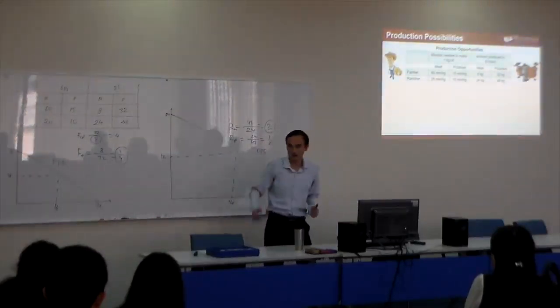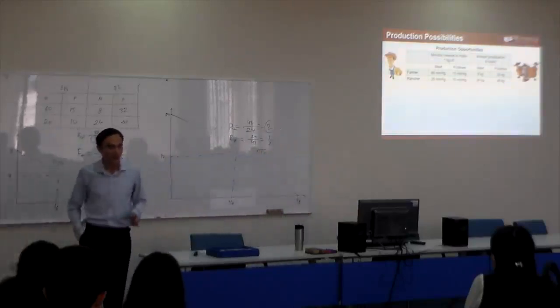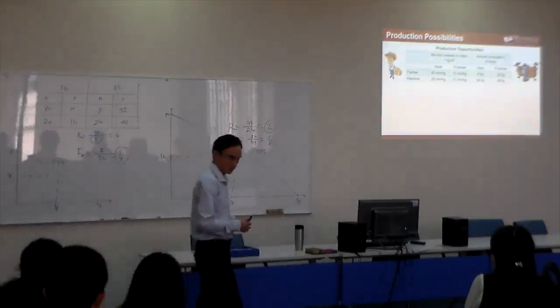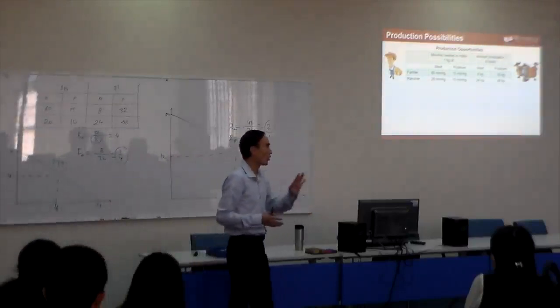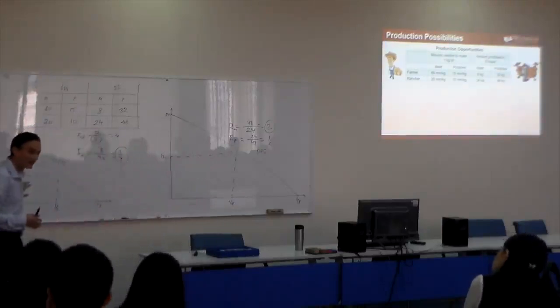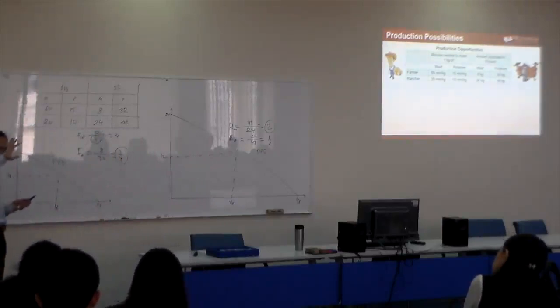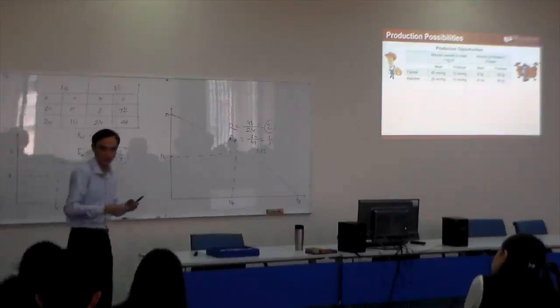He said, Mr. Farmer, I have a deal with you. If you agree to grow only potatoes and not produce any meat, I am ready to exchange 5 kilograms of my meat for 15 kilograms of your potatoes.